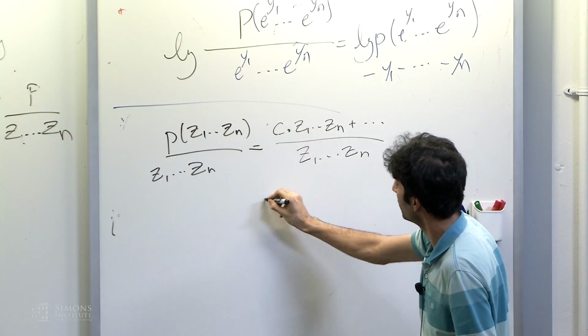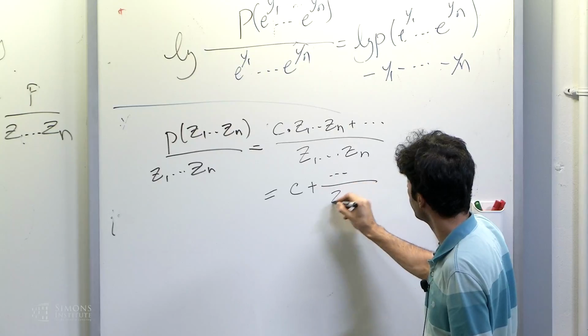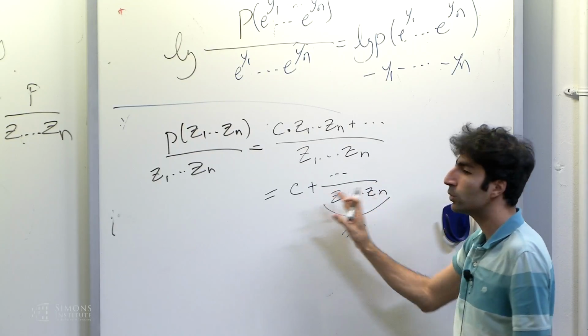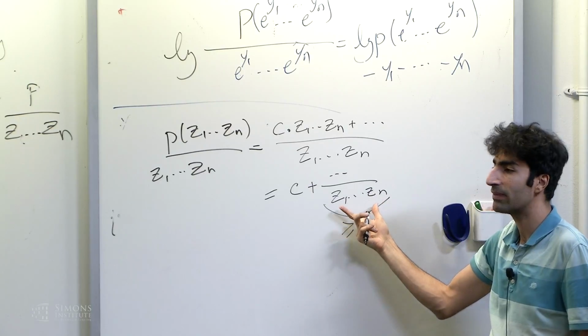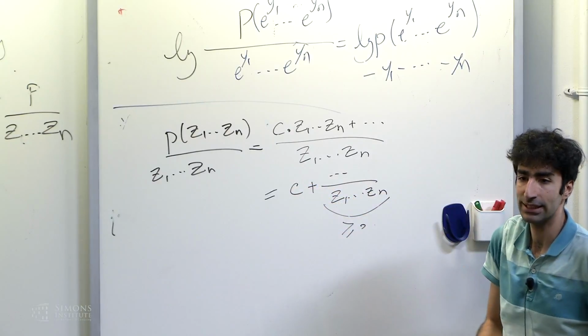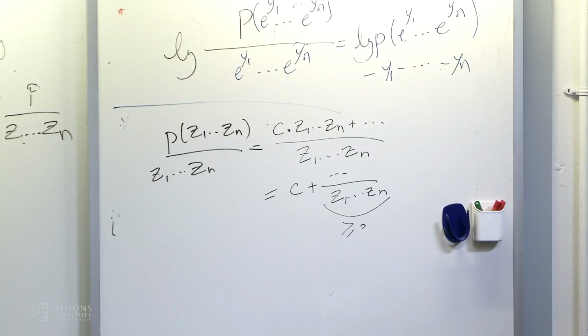So the division is really C plus this extra stuff over z1 up to zn. And this is non-negative because all coefficients of P are non-negative, and I'm evaluating this quantity on non-negative reals. So this is at least C. So for the right-hand side, you don't really need P to be real stable. You need P to be real stable only for the left-hand side.